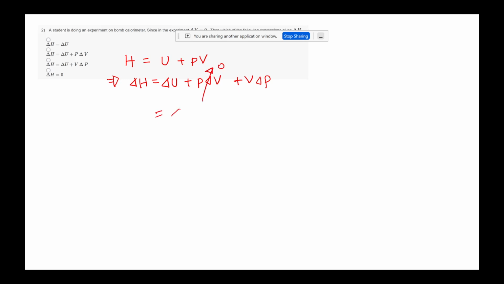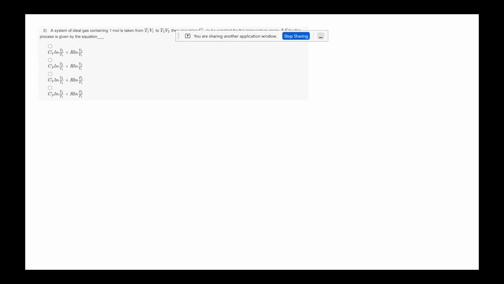So this is pretty simple. This will be delta U plus V delta P. Okay, quite simple, so this expression is correct. Okay. Next, go to the next problem.